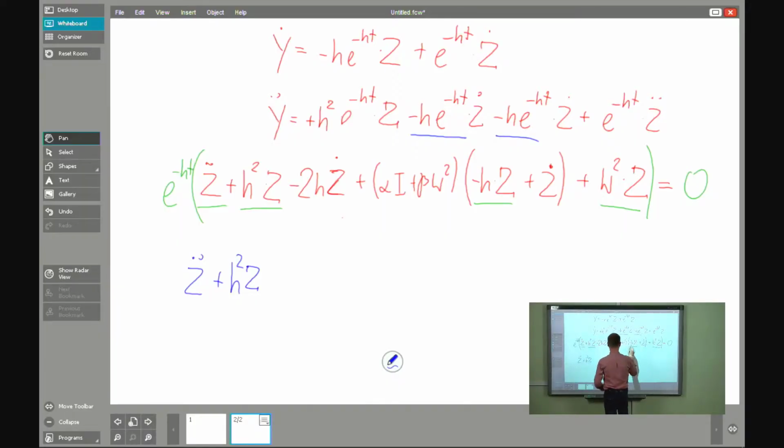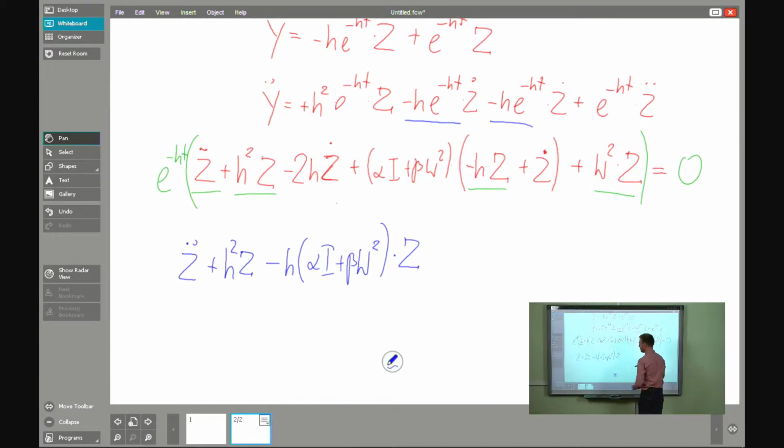The influence of that thing, it will be minus h, alpha I plus beta w squared times z, and it will be almost all if we are talking about the z, because here we have also w squared times z, and it's all if we are talking about undamped free vibration, let's say, because we see only the combination of the second and the zeroth derivative.